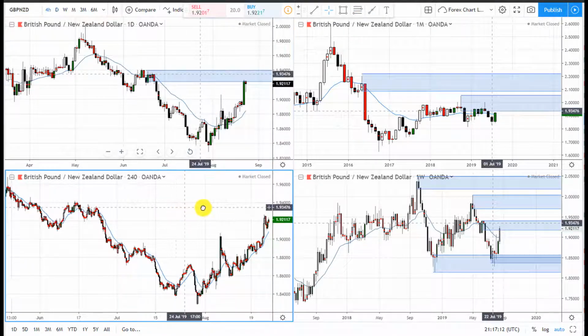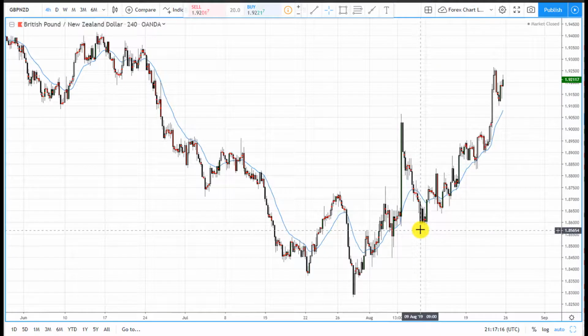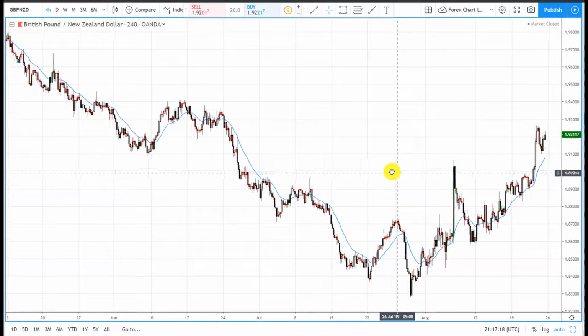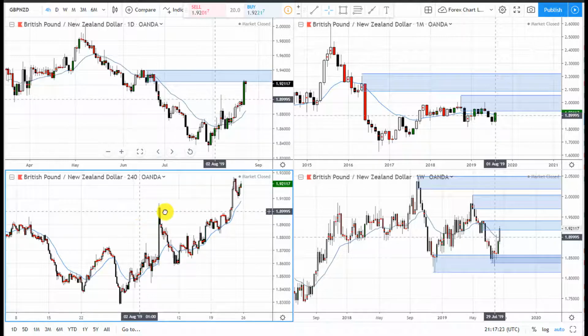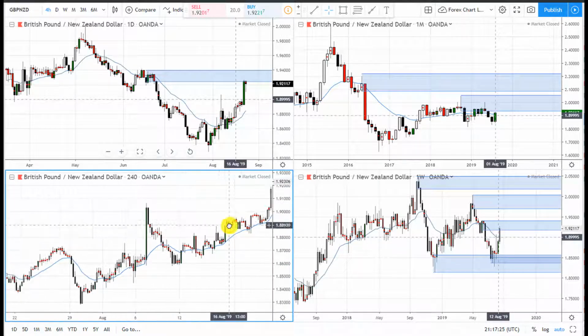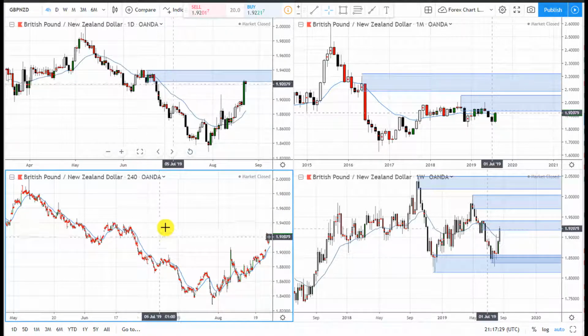Okay, the 4 hour. Sometimes when you zoom out on this 4 hour chart, you can't really see anymore.